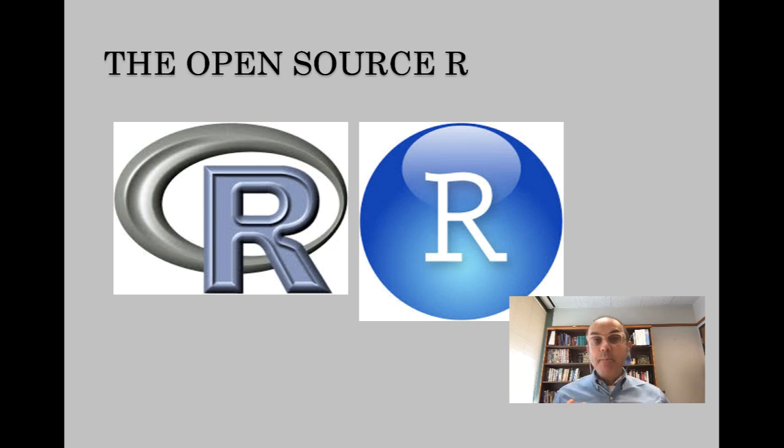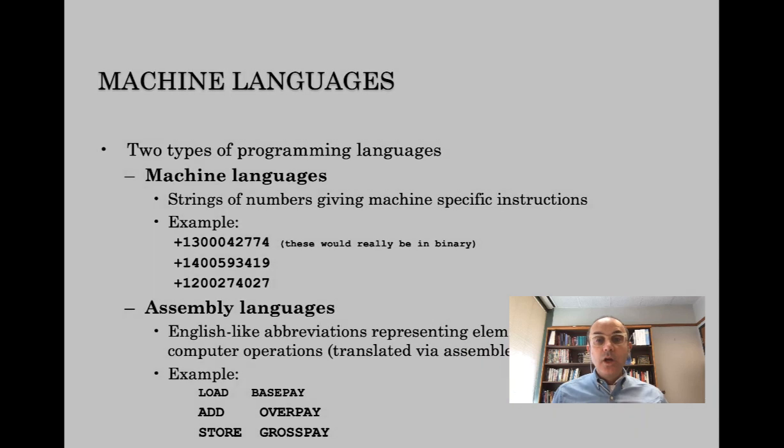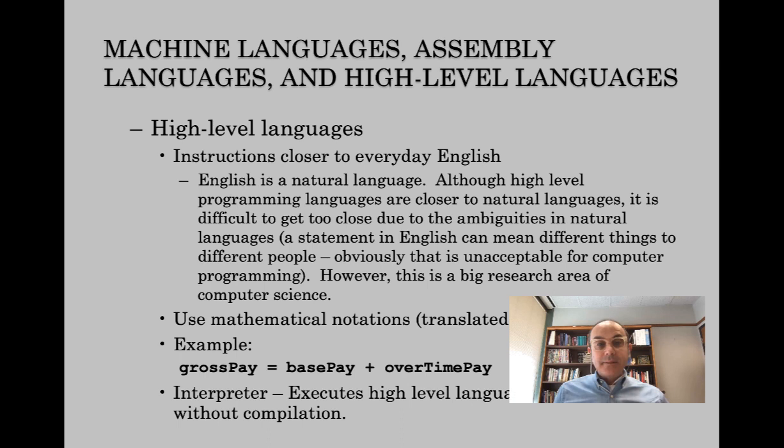Okay. The second part of my lecture today is about open source R. So, as I started to say in the first class, R is considered to be not a machine language. It is not an assembly language, which means it is considered to be a high-level language, which has instructions closer to everyday language.